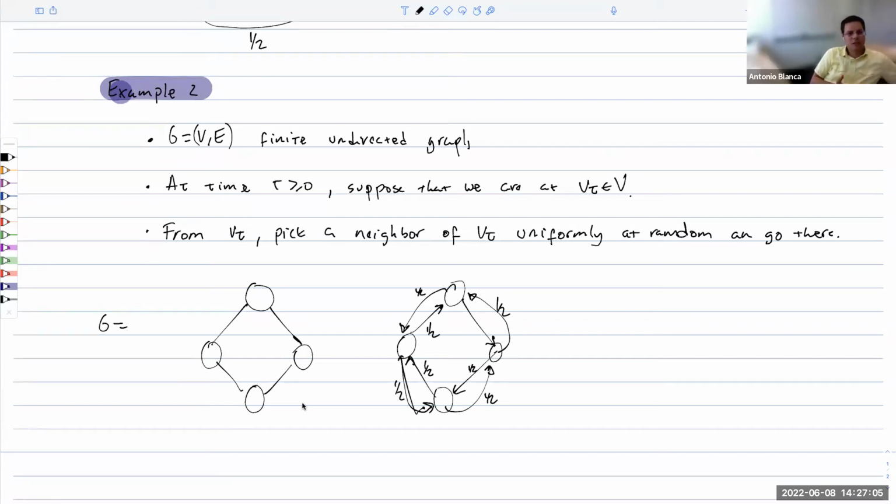By the way, random walks on graphs are a very important primitive, and they're heavily studied in theoretical computer science and other areas. There are some famous algorithms that use random walks. Do you know one? Can you tell us? So PageRank, from Google search.